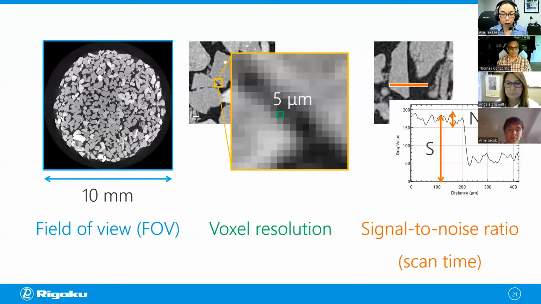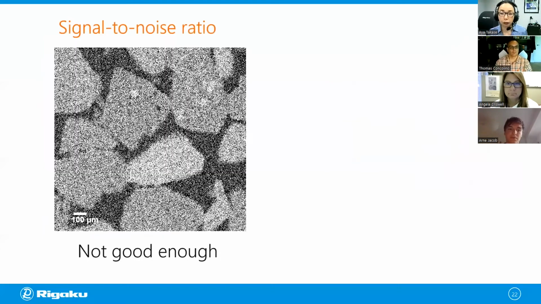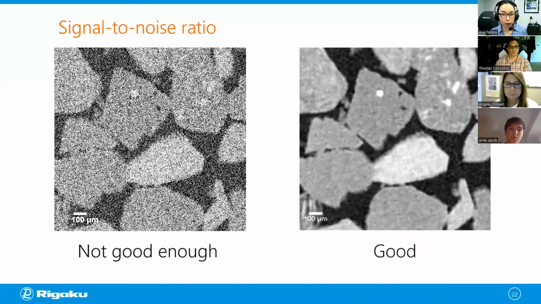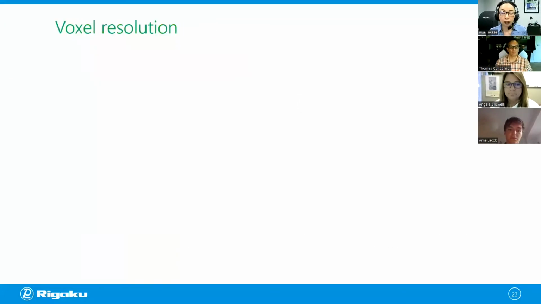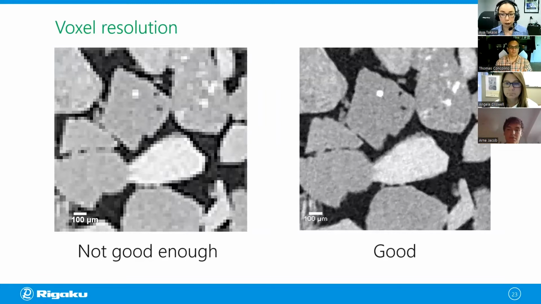Now, all those three properties are important. But again, let's take a look at a couple of images to get an idea what is good and what is bad. For signal to noise ratio, this is bad. This is too noisy, but this is good. For voxel resolution, this is probably not good enough, but this is pretty good.